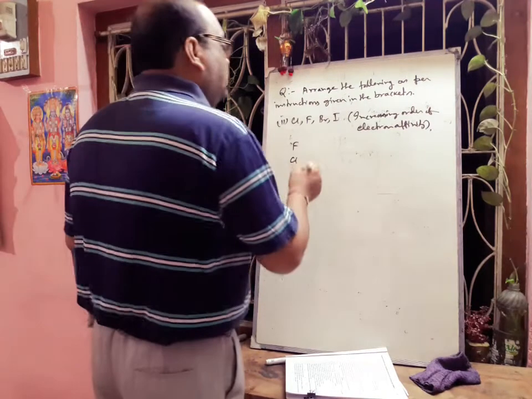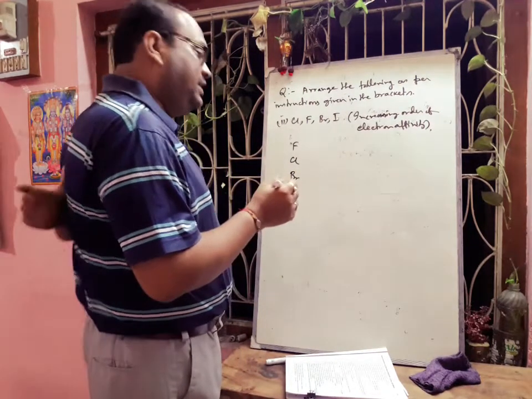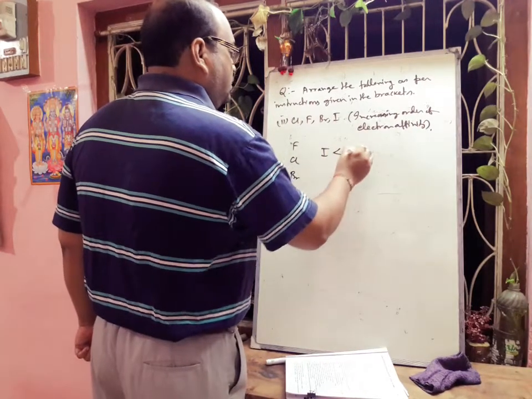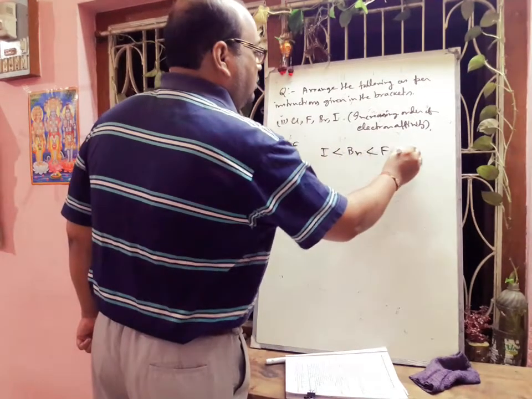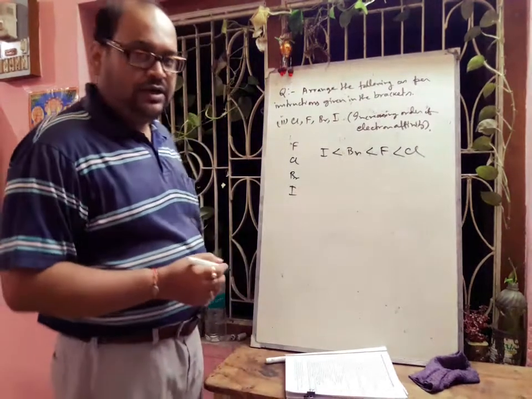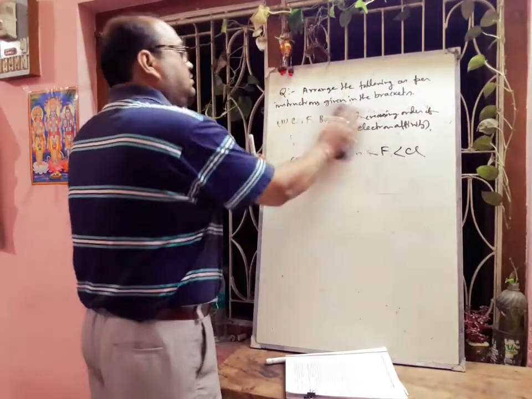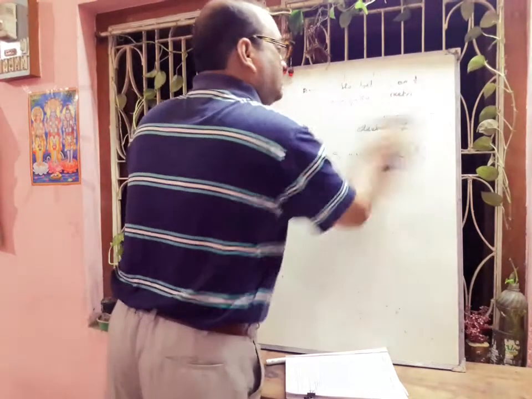So the increasing order of electron affinity will be iodine, then bromine, then fluorine, then chlorine. That will be your correct answer. Practice this type of questions.